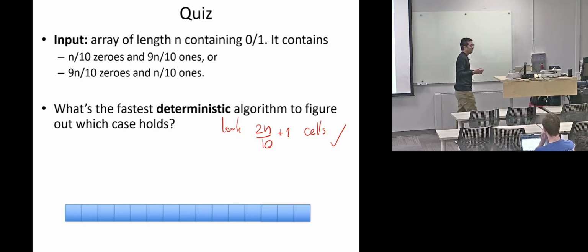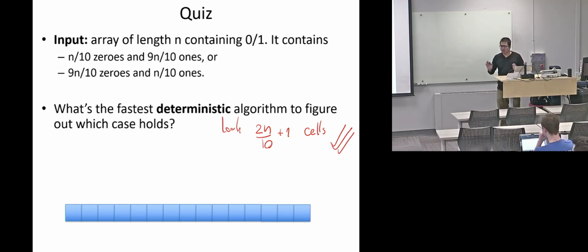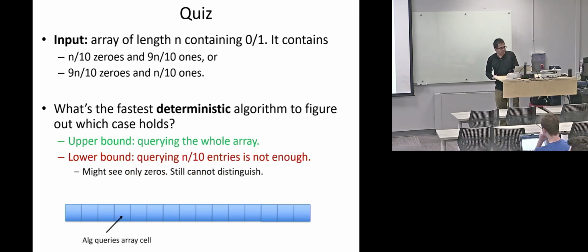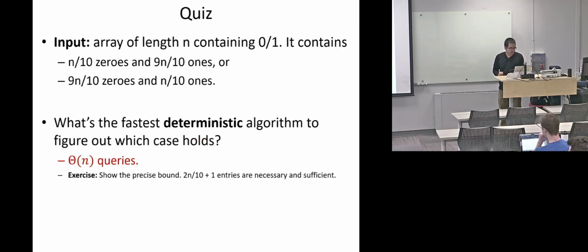So this is the best you can do for a deterministic algorithm. You need linear time. Basically, you solved this exercise. You need this many cells.